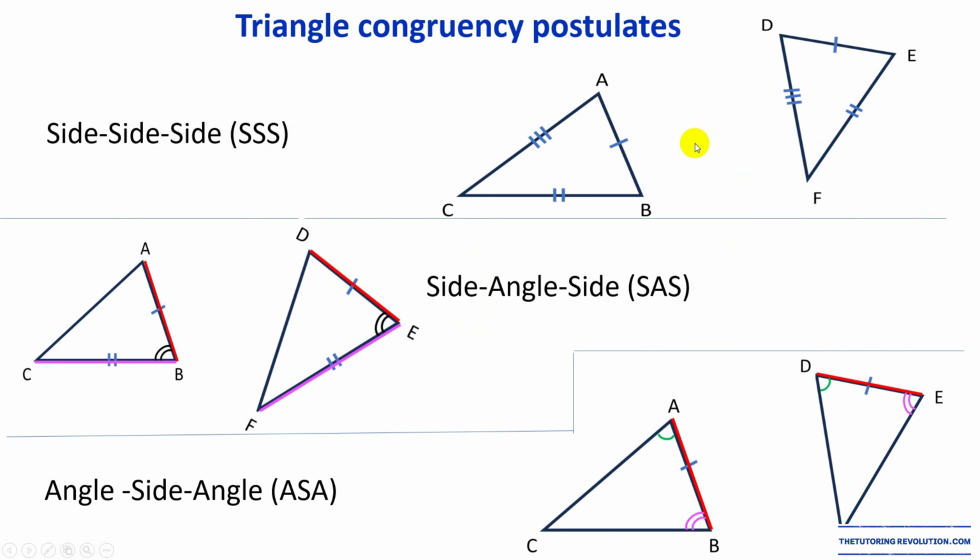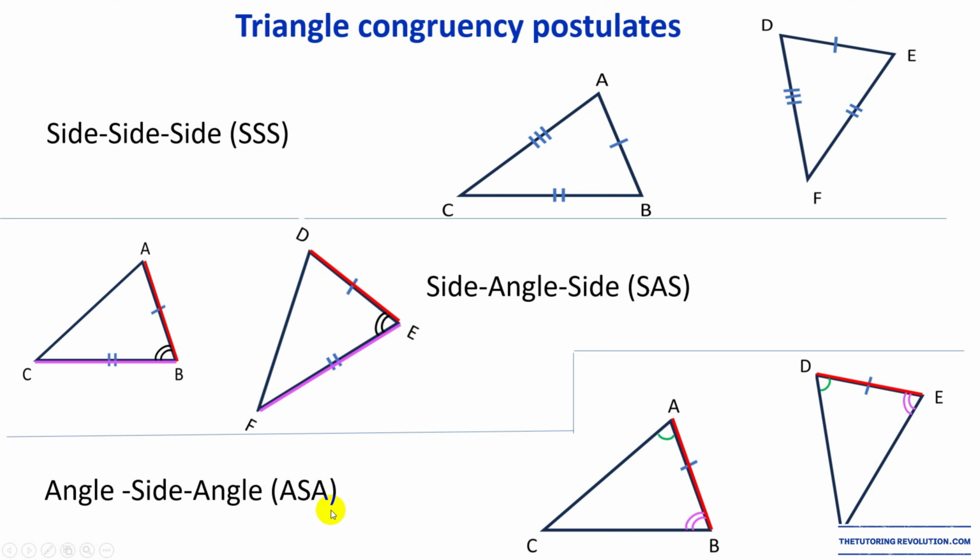Previously, we saw these three postulates that prove congruency. The SSS basically says that if two triangles share the same three sides, they are going to be congruent. The SAS says that if two triangles share two common sides and the angle in between those two sides is also congruent, then the two triangles are congruent.